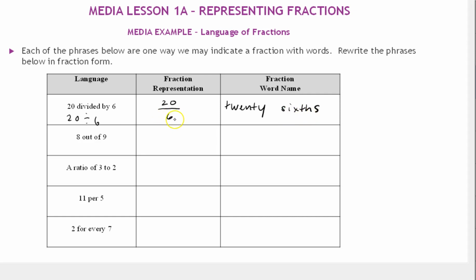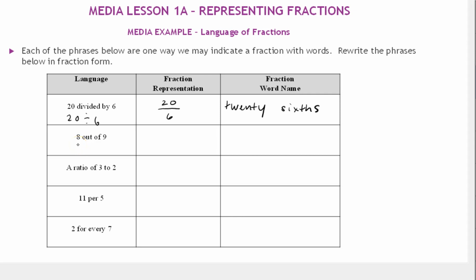For the denominator, this is actually going to be the size of our pieces, and we're going to get into this in much more detail, but for now we're just writing the word names. To see how to write the denominator, you could think of what you might say on a calendar. There's the first day of the month. We usually don't write first, but there's the second, the third, fourth, fifth, sixth, seventh, etc. So in most cases, it's just putting a THS at the end of the word.